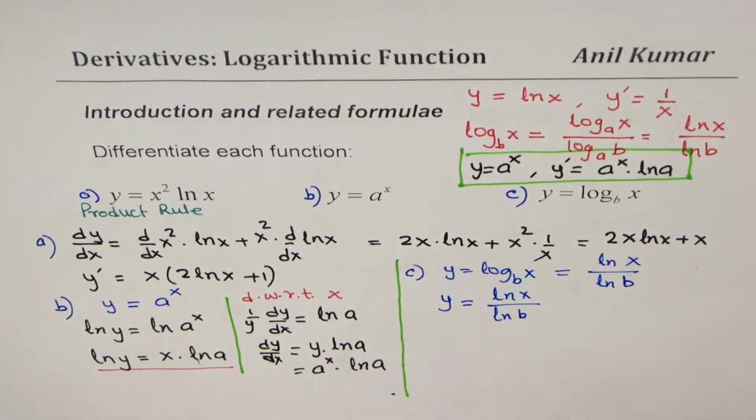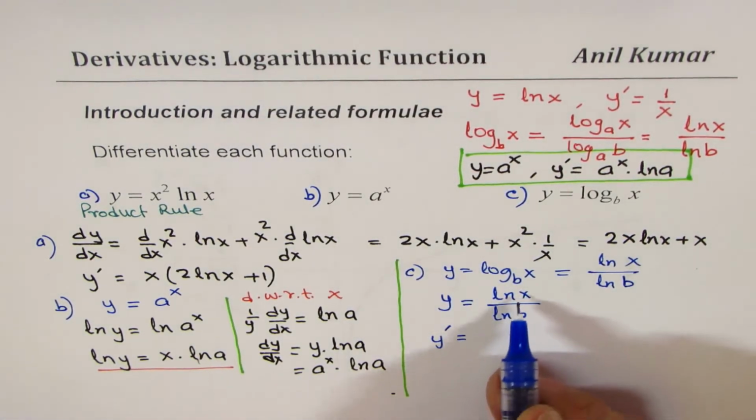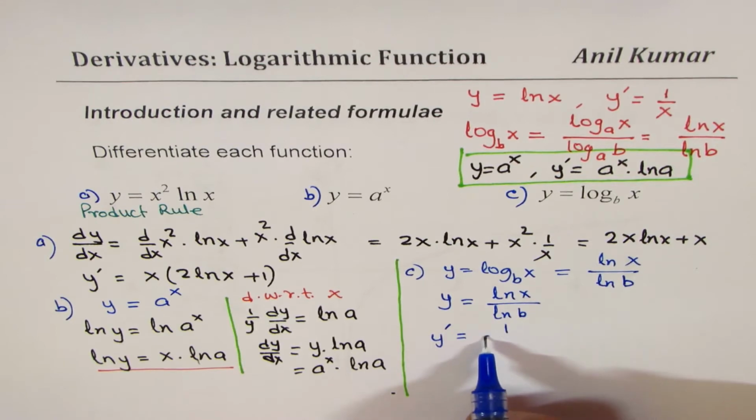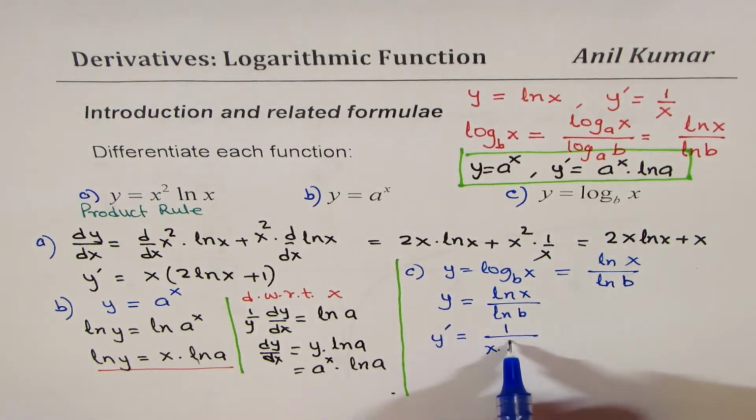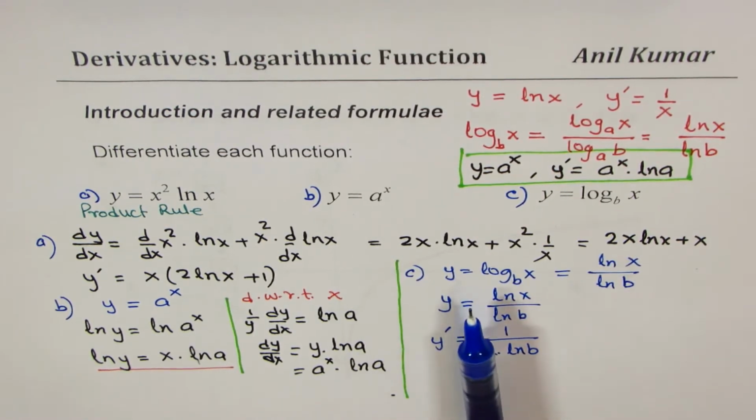So clearly this derivative y dash will be, derivative of ln x is 1 over x. So we get 1 over x times ln b. Is it okay? So this becomes the formula for the derivative of log to the base b of x.